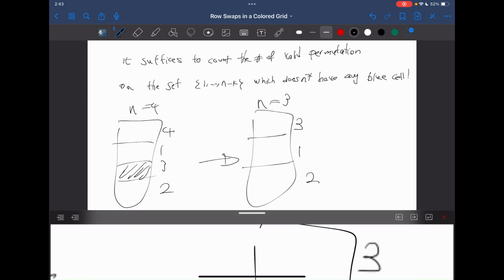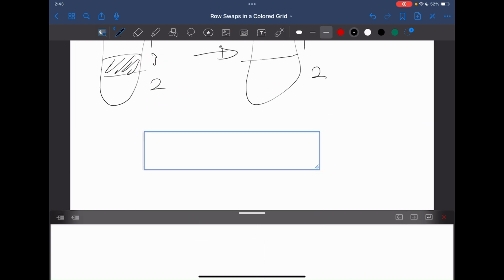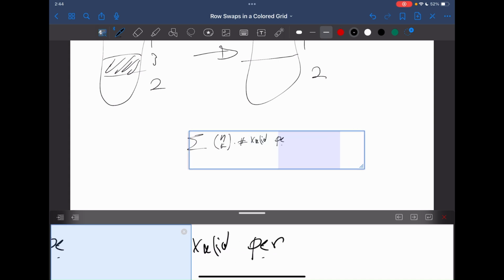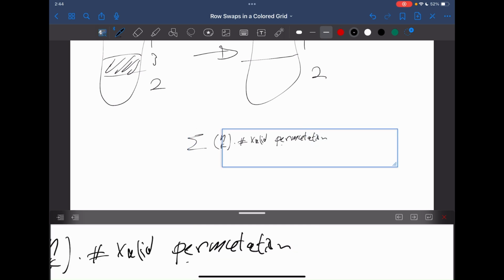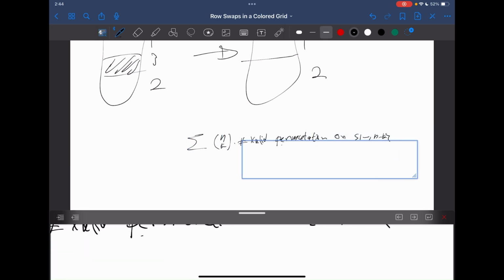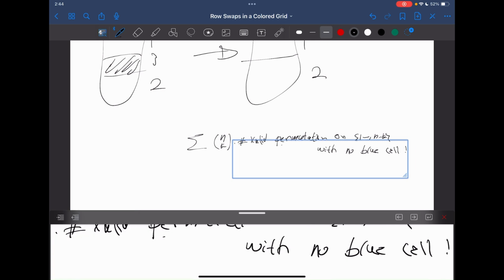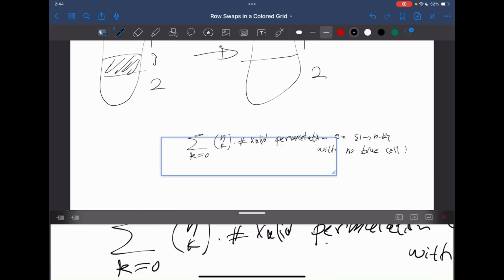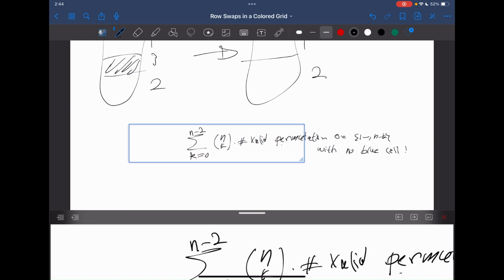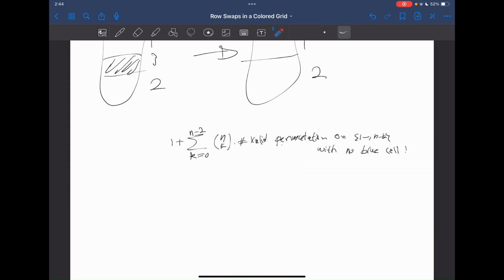Finally the answer would be the sum of n choose k times the number of valid permutations on 1 to n minus k with no blue cell, and k would vary from 0 to n minus 2, and the whole thing plus 1, which corresponds to the all blue arrangement.